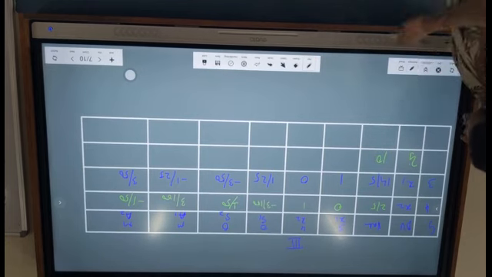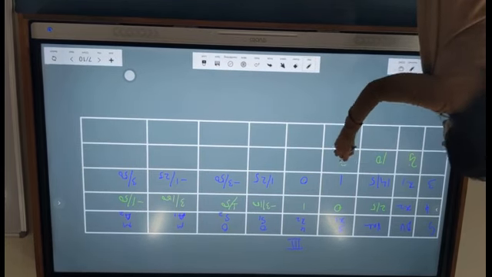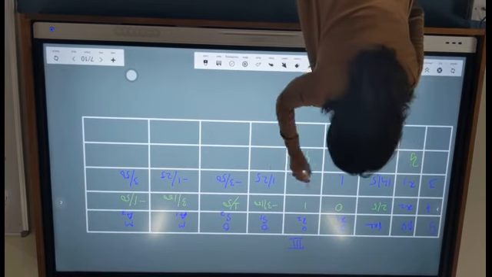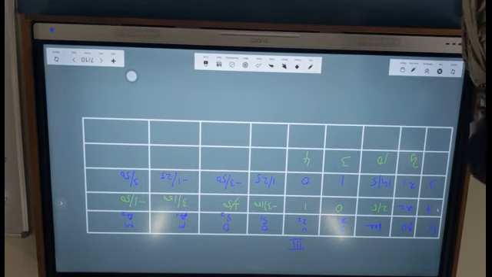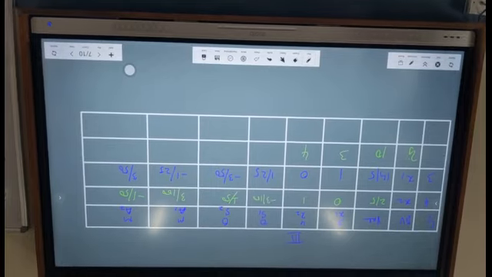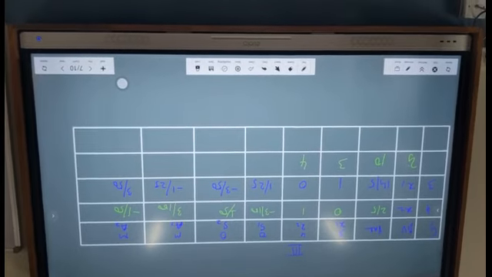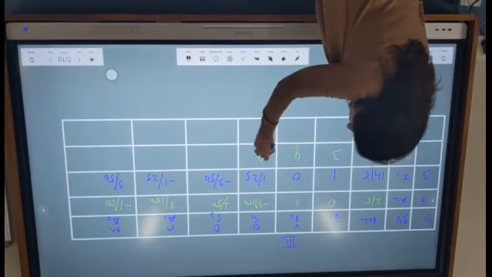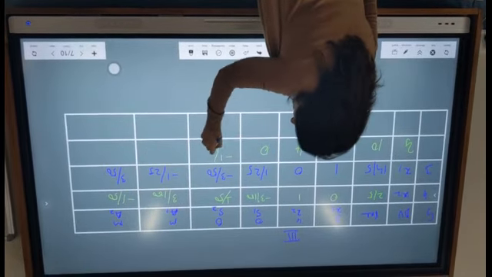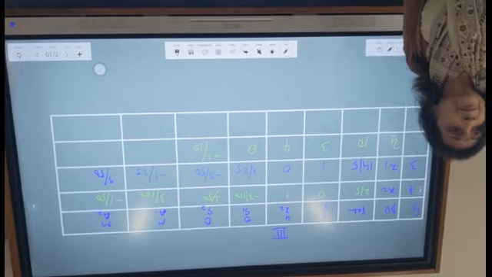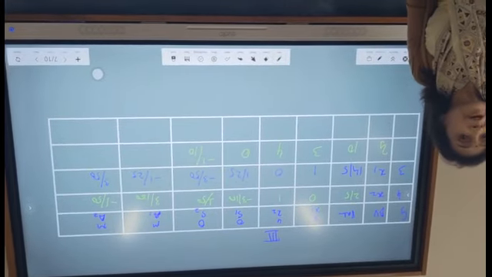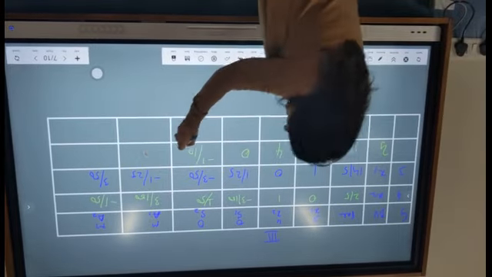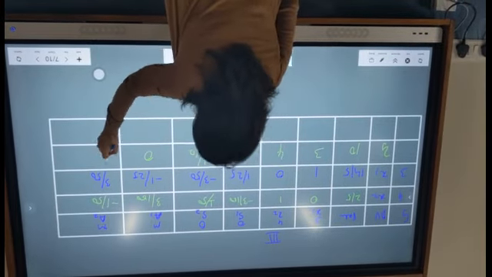Then 3, 4, 0. 4 into minus 12 by 100 plus... 0 has come. Minus 1 by 10. Others confirm. Okay, minus 1 by 10. Then 0, 0, 1 by 10.